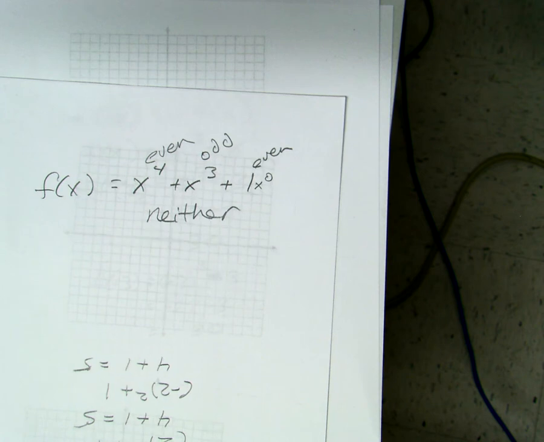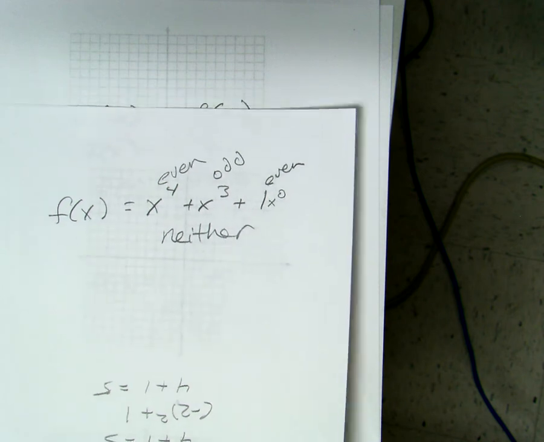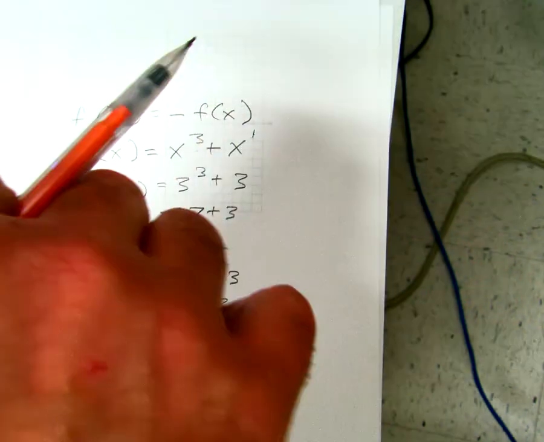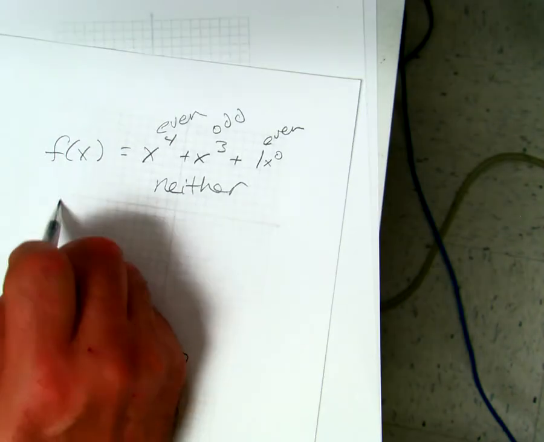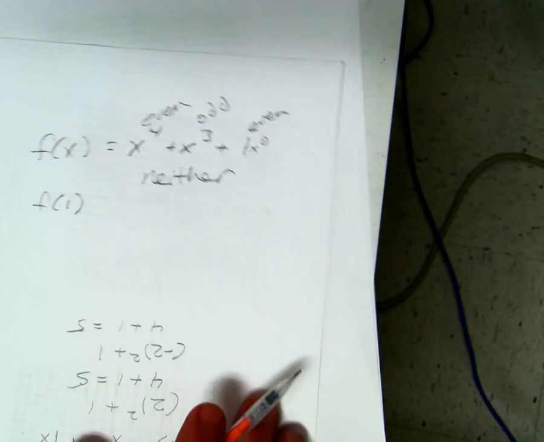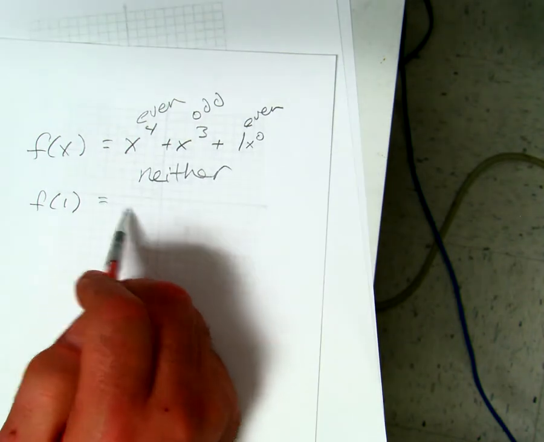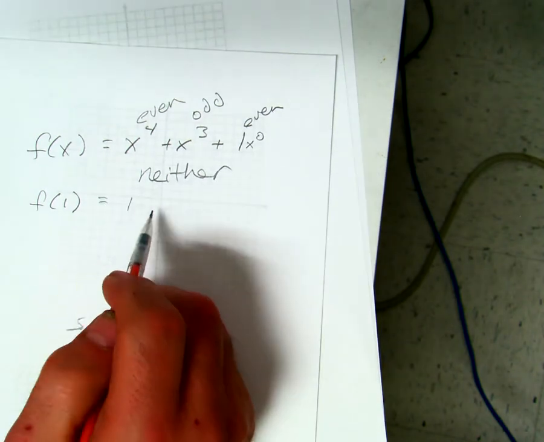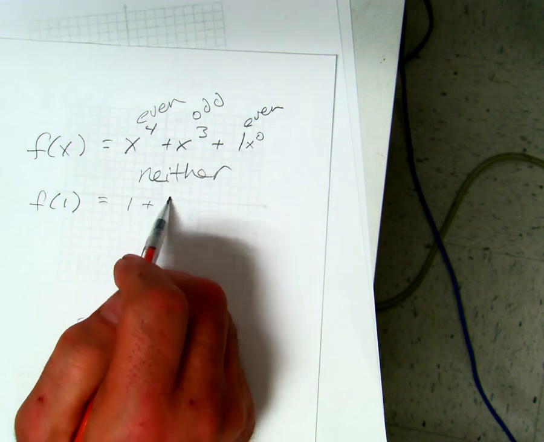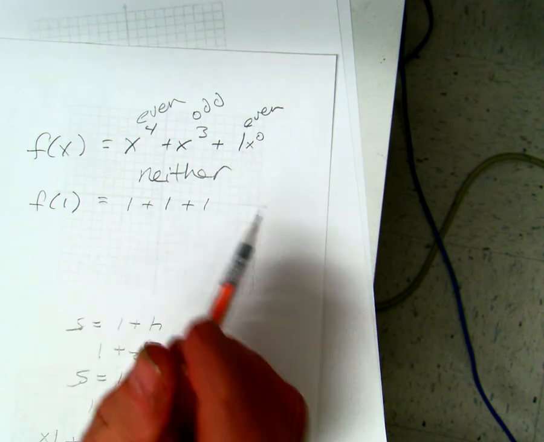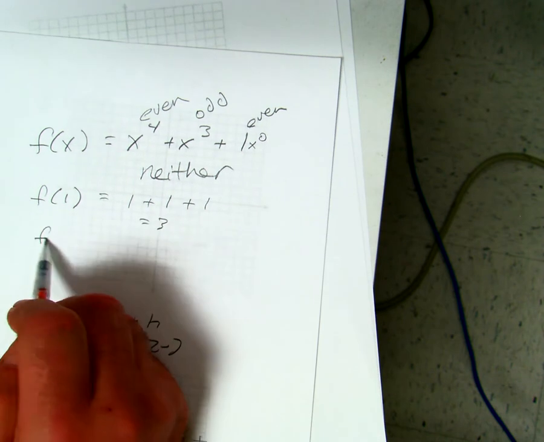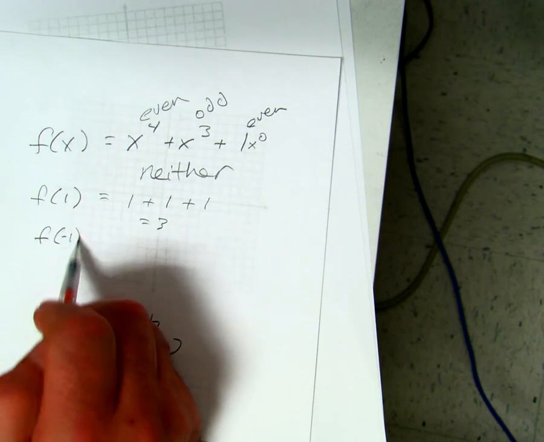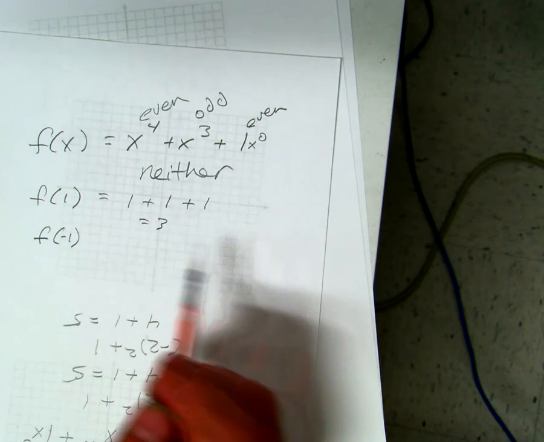And let's see, do I have the proof of that here? Yeah, let's do that. Let's say I have f of 1. So 1 to the 4th power is 1. 1 to the 3rd power is 1. And then we had the plus 1. 1 plus 1 plus 1 equals 3. But what happens if I put negative 1 in? If it's even, I'd get a 3.